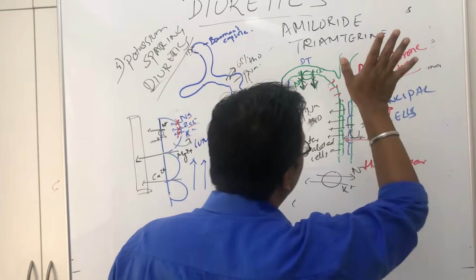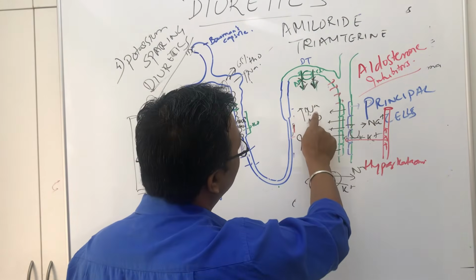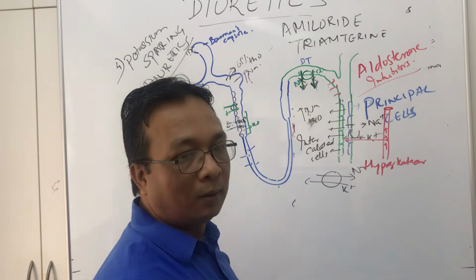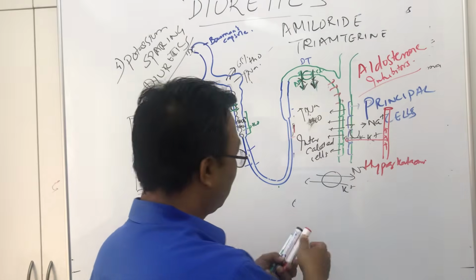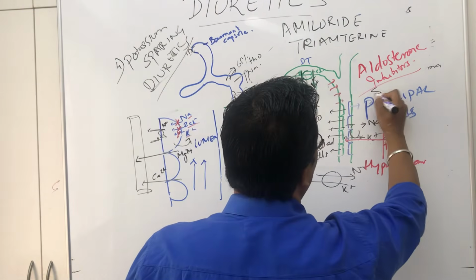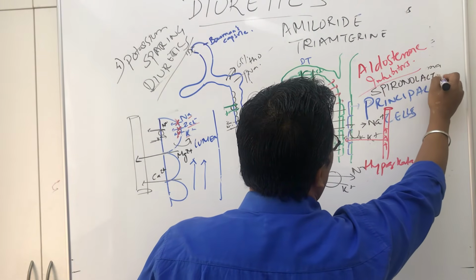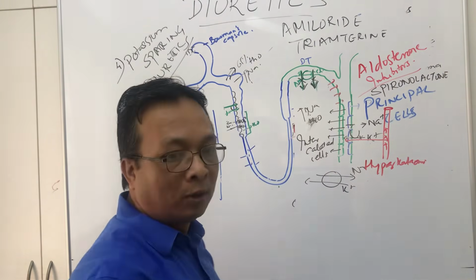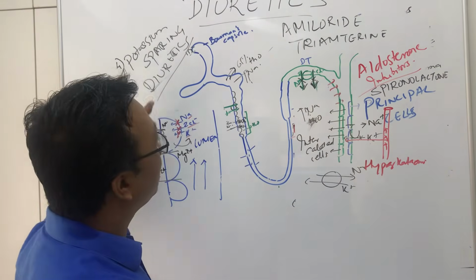Now, if we block the aldosterone hormone, then plenty of sodium and water will not be reabsorbed and will go into the tubes. The most common aldosterone inhibitor is spironolactone.